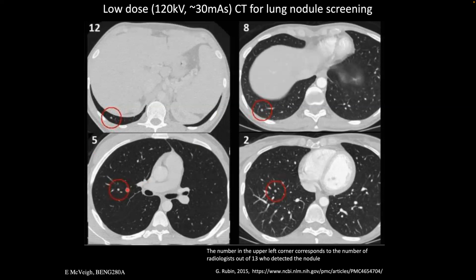And then 5 out of 13 caught this one, and only 2 out of 13 caught this one. You can see why, it looks like all the vessels around it, right? So it's pretty simple as to why this thing wasn't called. I think if you called this, you'd be calling wrong ones fairly often, because you'd be calling vessels, et cetera. And who knows, maybe the 2 that called this actually thought this was the... we don't know.